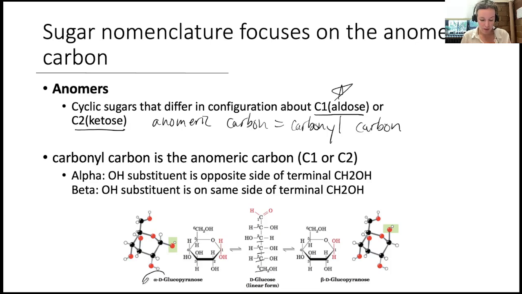In an alpha anomer, the OH substituent is on the opposite side compared to the large, bulky CH2OH. So you see this OH is pointing down. It is opposite to this bulky CH2OH. It is alpha, anti, opposite. However, beta has that OH off of the anomeric carbon going in the same direction as the CH2OH. So beta is the same.